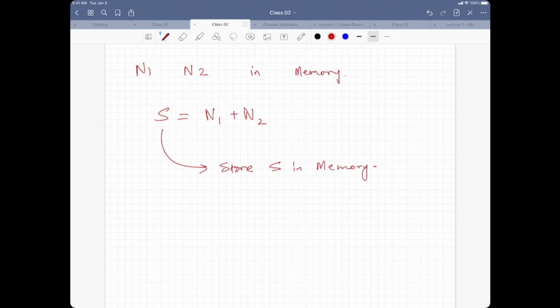What do you think you need to do here? Well, first you have to load the accumulator with N1. Yes. So load accumulator A with N1, right? What's next? Or to avoid confusion, I'll just say load N1. What do I do next? Load N2. So load N1, now I need to do addition from memory.